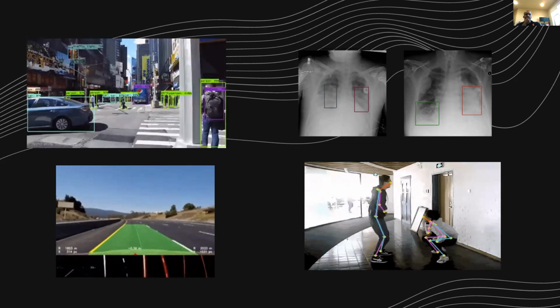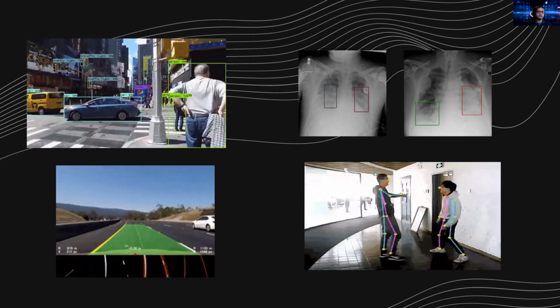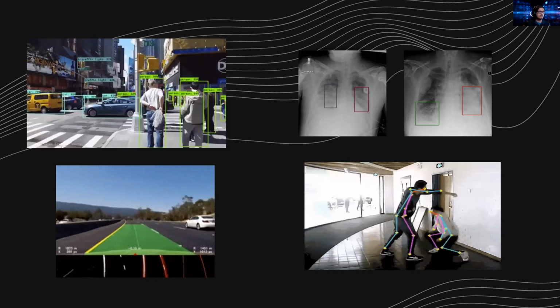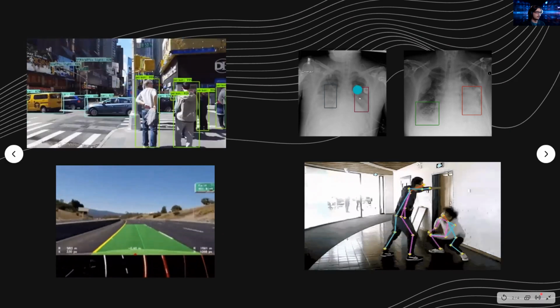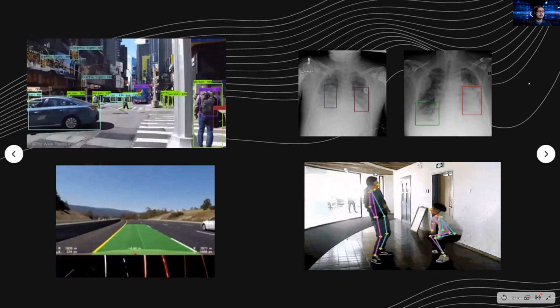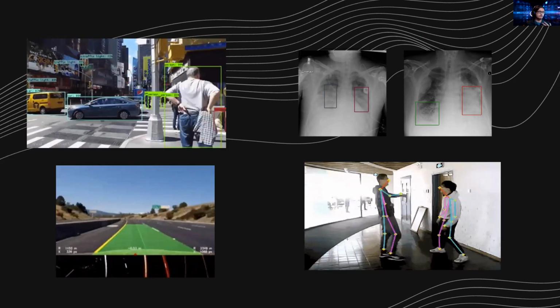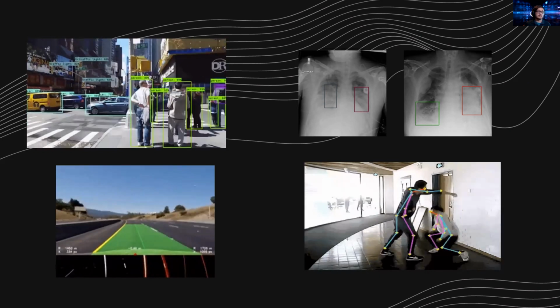In addition, computer vision is also being utilized in the healthcare industry, more specifically with X-rays, to identify internal physical injuries or even internal physical symptoms of diseases.